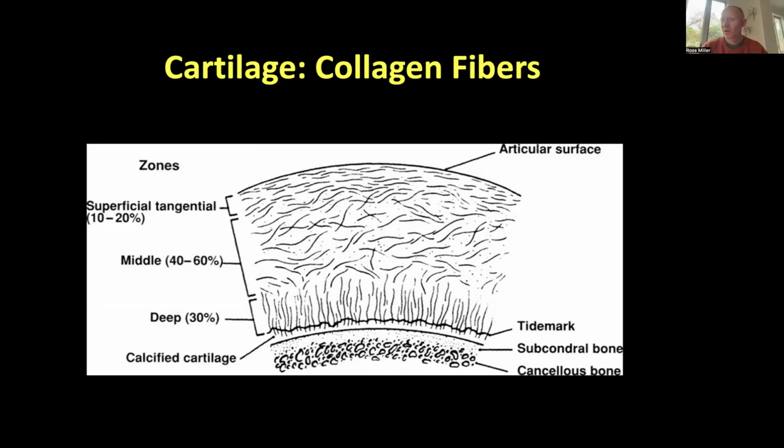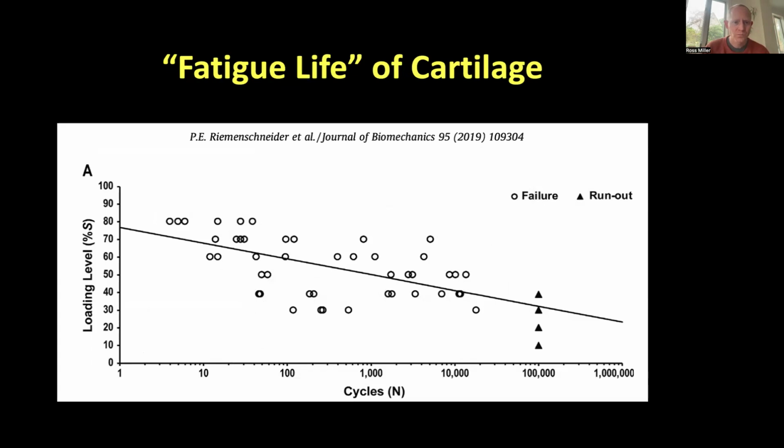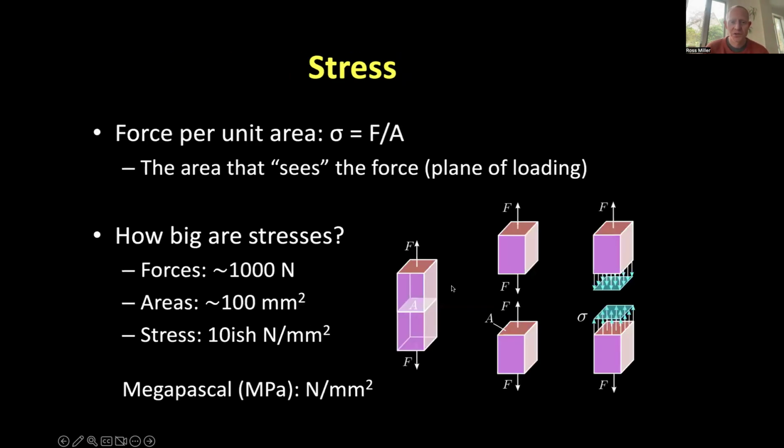So cartilage is arranged in a way that its primary mode of loading, being loaded superficially from the top, does not in fact induce large stresses along the long axis of those collagen fibers. Nonetheless, cartilage, when we take it out of its living environment, does indeed break down quite a bit quicker when we load it with high cyclical stresses compared to lower cyclical stresses.